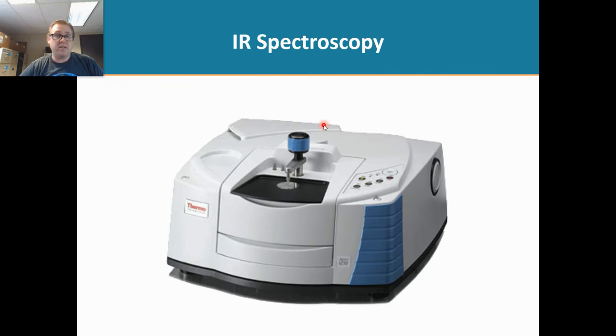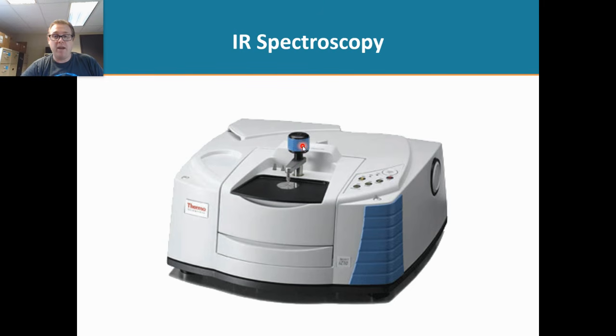So this is the instrument, a model of an IR spectrometer that chemists use to help determine the structure of molecules. And what you do is you have this little arm right here that is raised up. And then on this little plate right here, you put your sample.